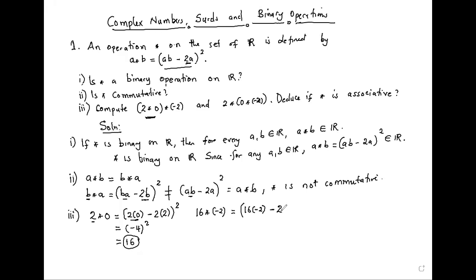Times A, and A is 16. And then we square. So we're getting minus 32 minus 32, which is going to be minus 64 squared. At least we know it will be positive 64 squared, even if we don't write the actual value. Then now, we have found this value for 2 star 0 star negative 2.